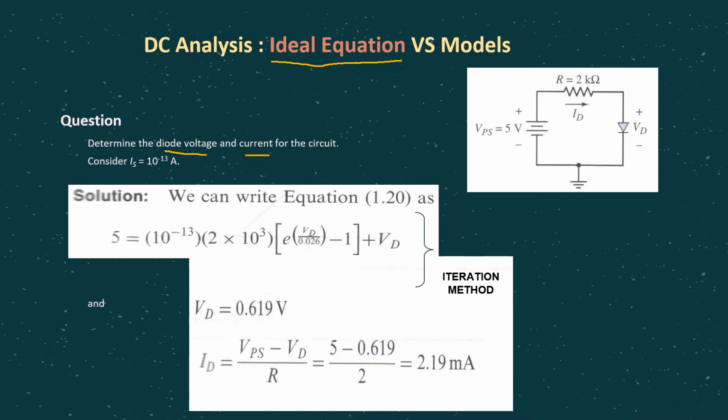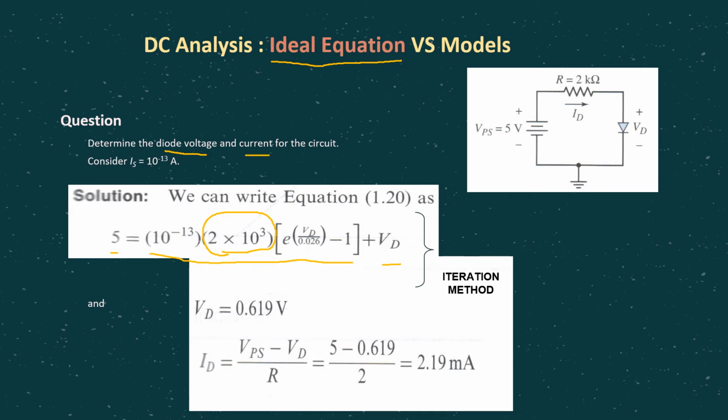So this is VPS equals R times ID, where ID is the ideal diode equation, plus VD. Once we substitute everything, there will be one unknown, which is VD.